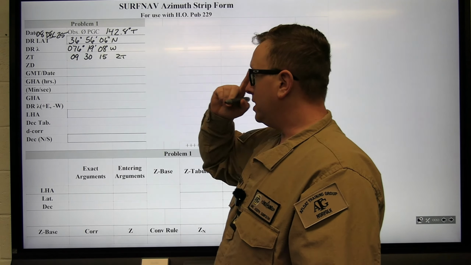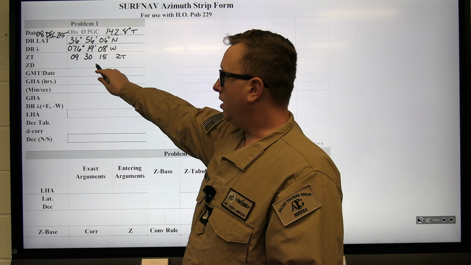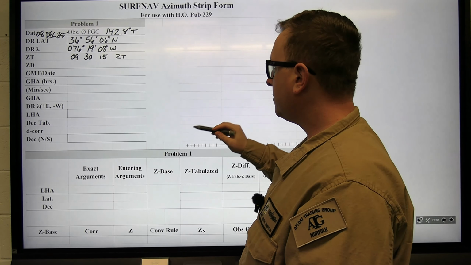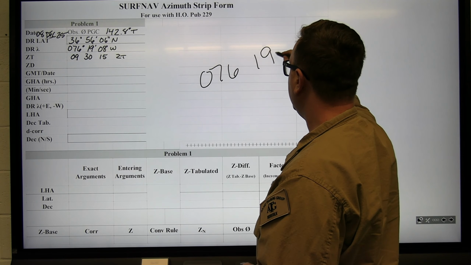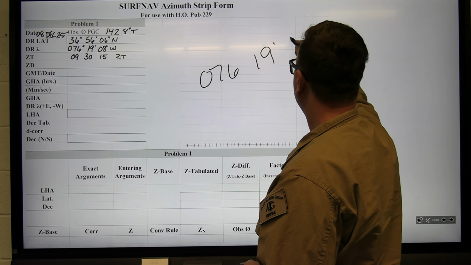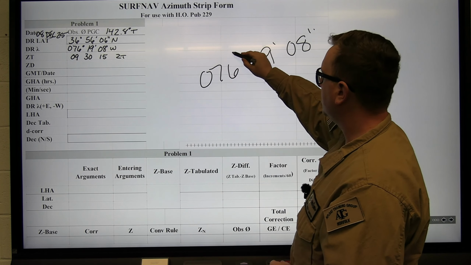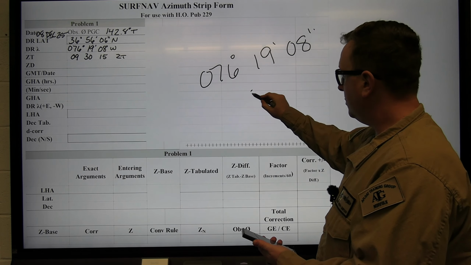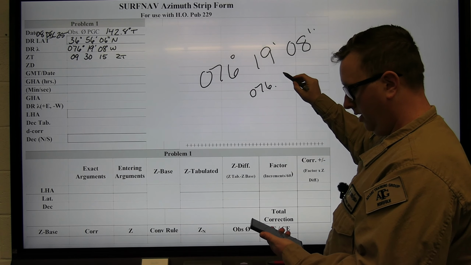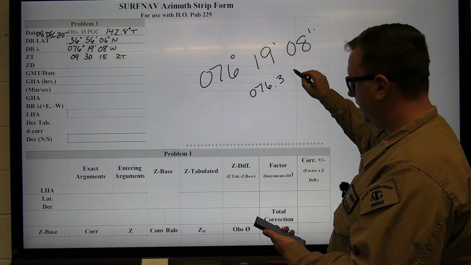Pretty easy. We just take our longitude to find our zone description. So it's 076 degrees 19.08 minutes. We're going to make that into one number, and we end up getting 076.318.